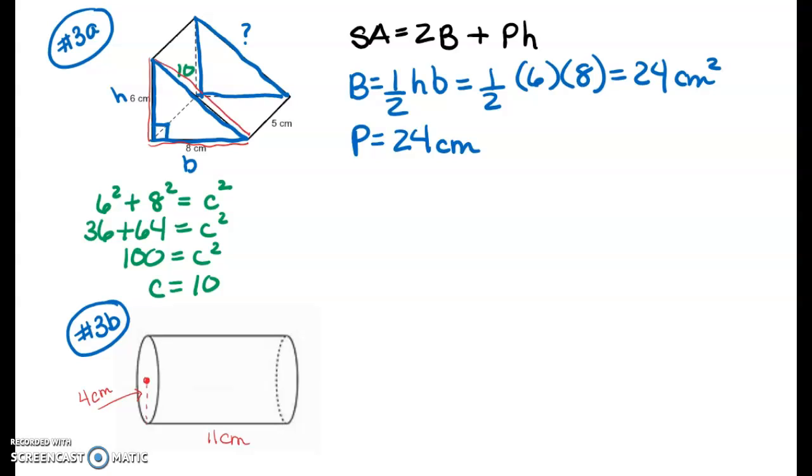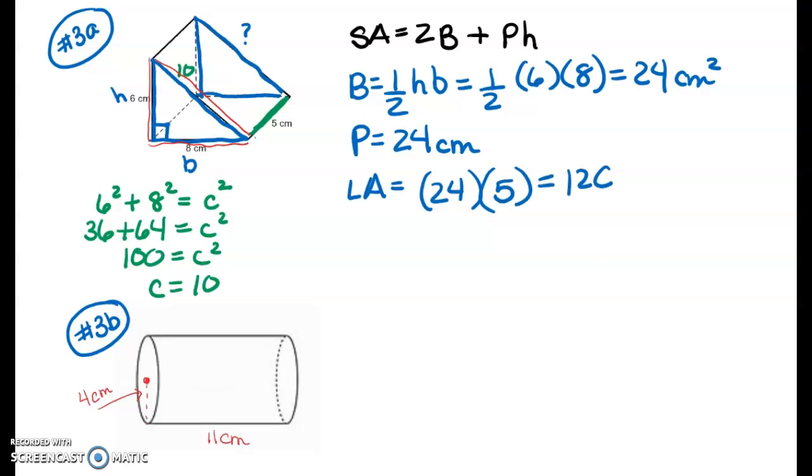Okay, so now I have my surface area, or let's do lateral area first. I have my lateral area, which is my perimeter, 24 centimeters, times the height. And remember, the height is the distance between the two bases, so this right here is the height. And I just colored over it, so it is going to be 5 centimeters.